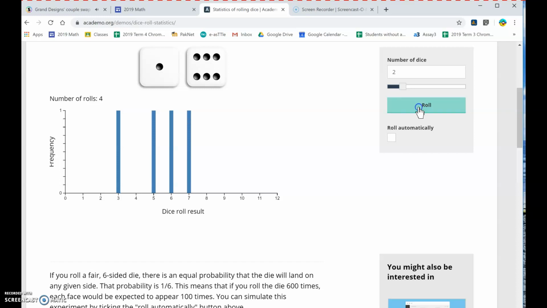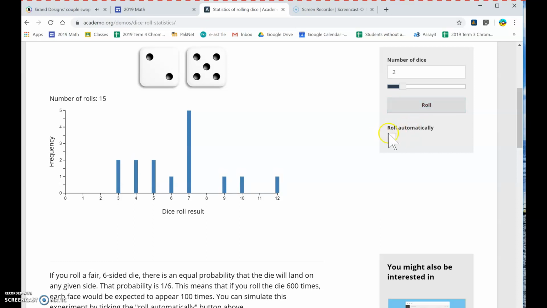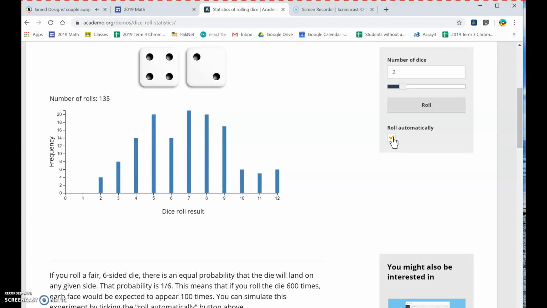So here you can see in a short race that 7 actually won that race. If you stop the race now, right, 7 would win. I'm just going to keep going. Oh, 7 is really well ahead. So the idea is that it looks messy when you haven't rolled a lot, but when you roll more and more and more, 7 is more and more likely to be the winner because it has the greater probability.